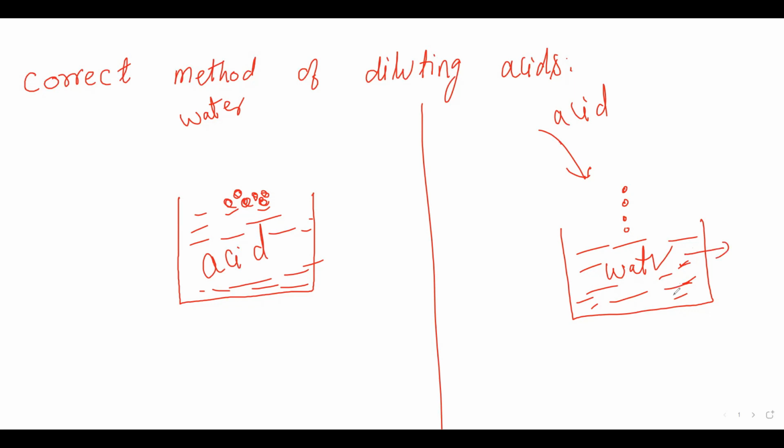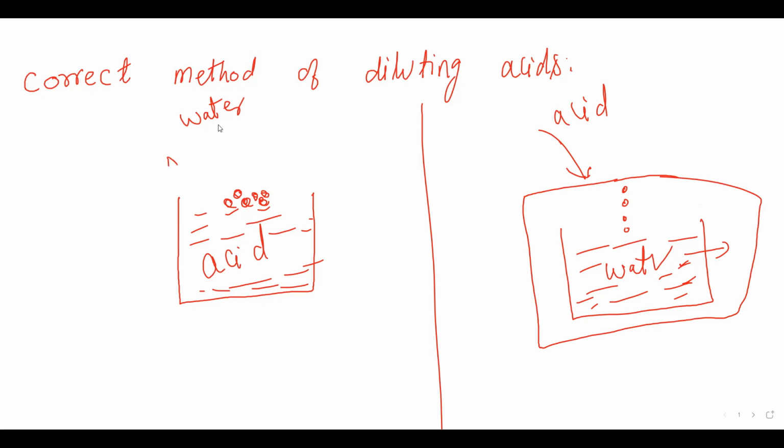It has the capacity to absorb heat. When you add acid to water, if any heat is released, it will be absorbed by water. And since you are adding dropwise, whatever small amount of heat is released will be absorbed by the water. This is the safe and correct method of diluting.